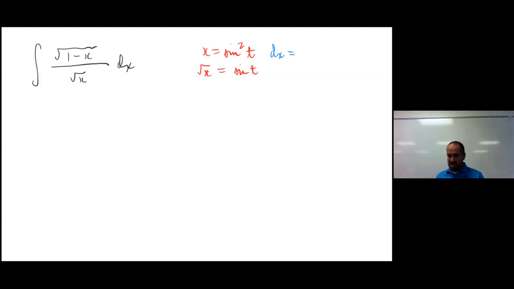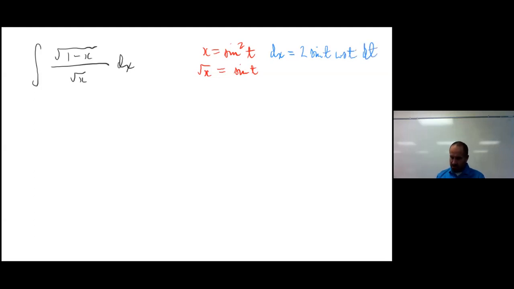So dx is this thing squared, so I have to use the chain rule. So 2 is going to come down, sine of t to the first times the derivative of sine of t, which is cosine t. It's going to be 2 sine of t cosine of t dt.